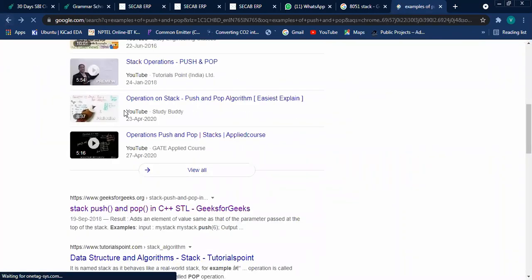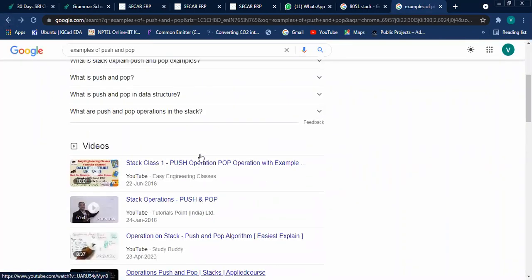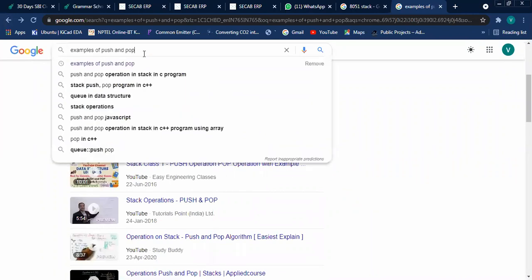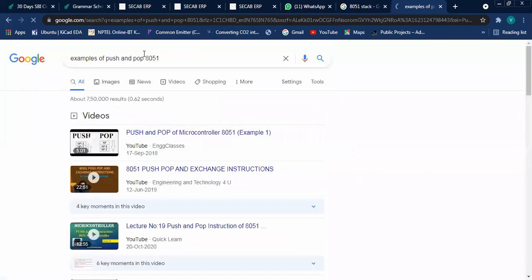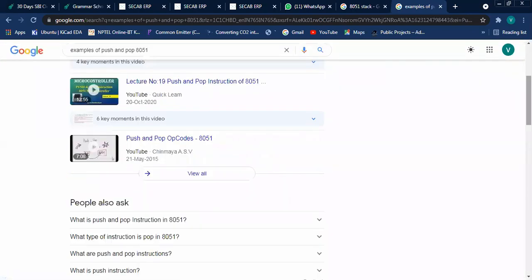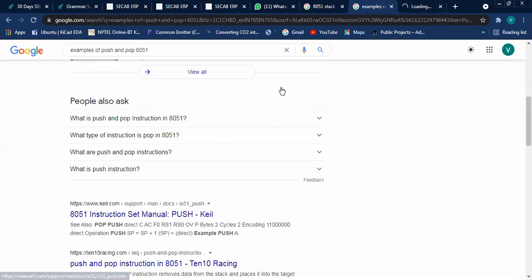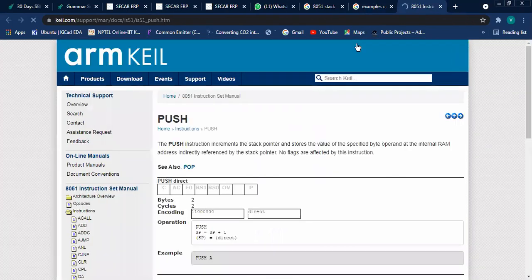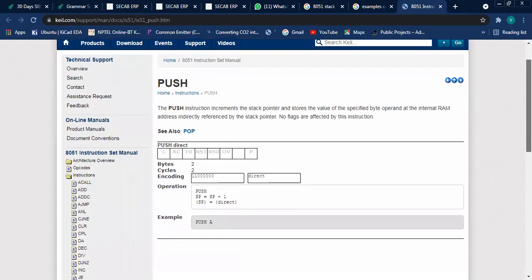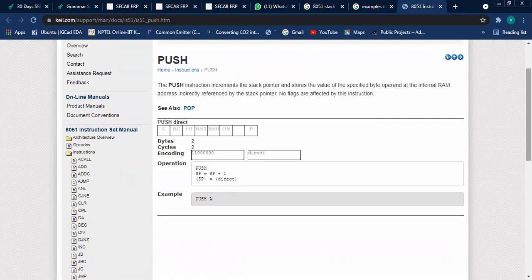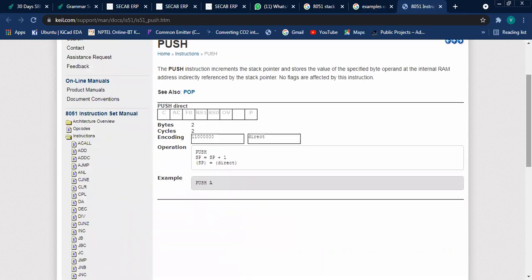Okay, I think it is showing some other examples. Let us put 8051. Okay, so what will happen here?